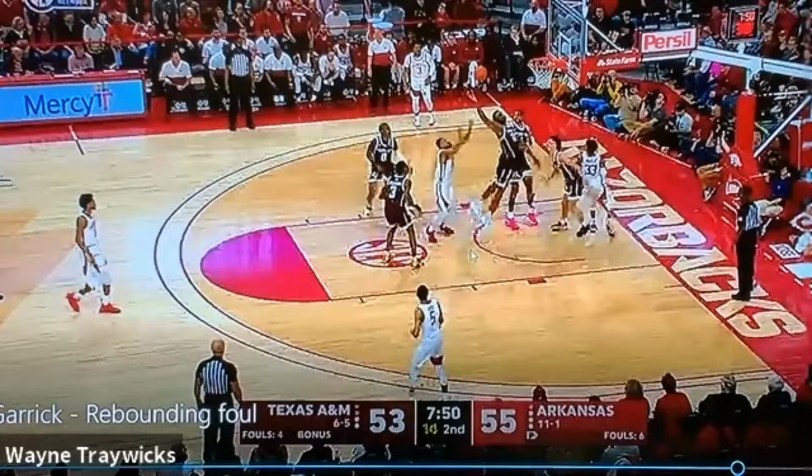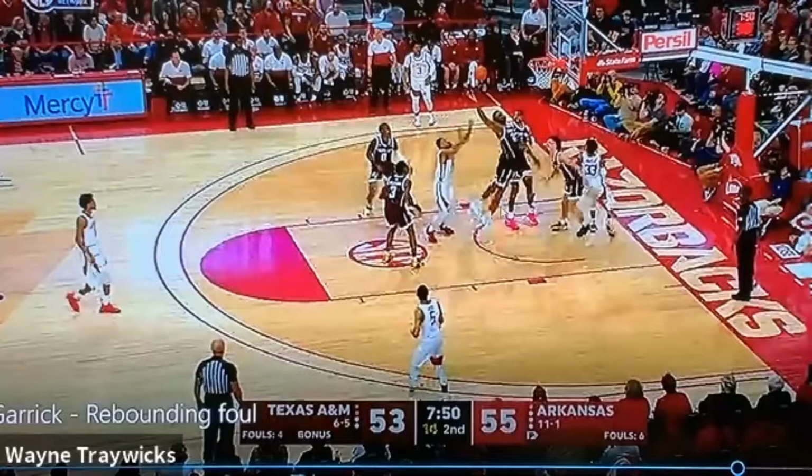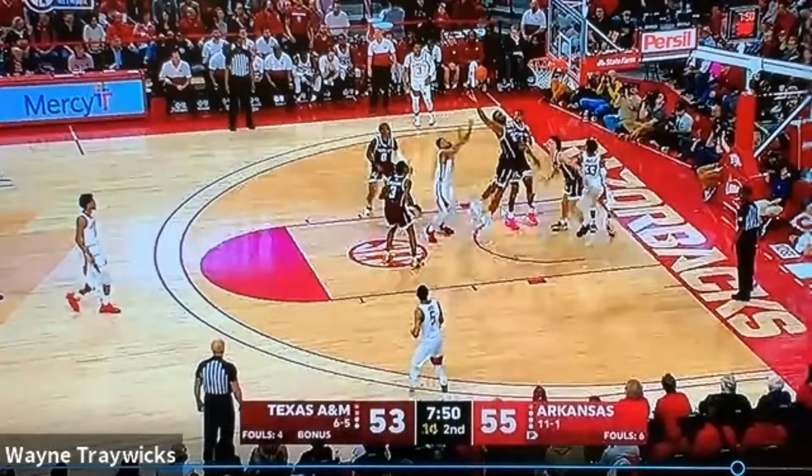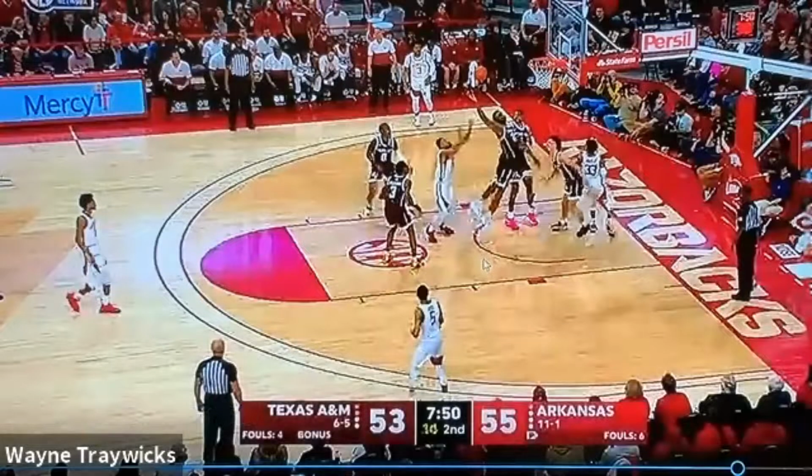As you can see, anytime you see a player put two hands on their back, once again, antennas need to go up. Now if you see an inverted C here, this is another tell sign that he got pushed in the back. Mark Wunderlich talks about anytime someone puts two hands in their back, and it doesn't happen on this play because the Texas A&M player actually does deflect the ball at the last second there.